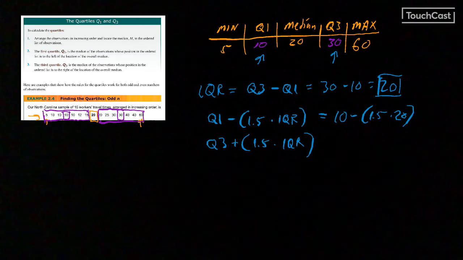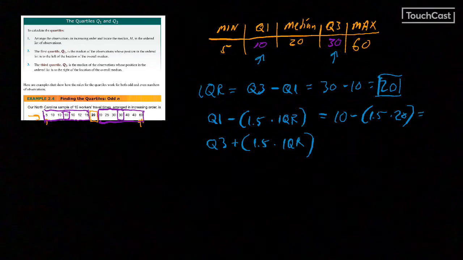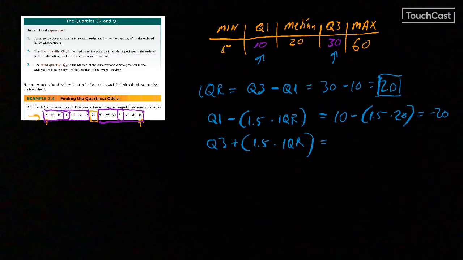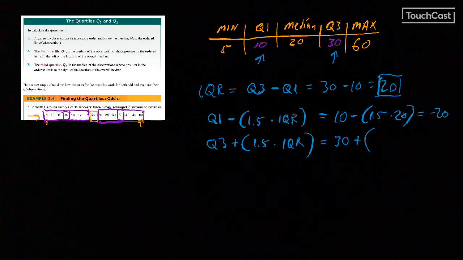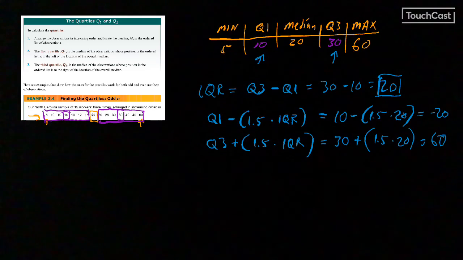We're going to say 1.5 times 20, which should be 30, and 10 minus 30 is negative 20. And then for the high end, it's going to be 30, which is Q3, plus 1.5 times 20, which will turn out to be 60.